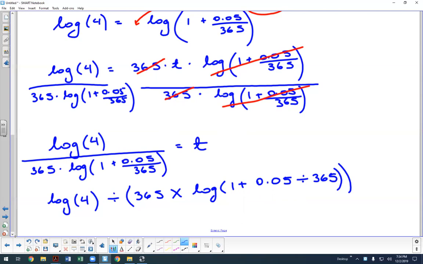So just do that parentheses part first, get that answer, then hit your log key. Whatever that answer comes out to be, multiplied by 365. If your calculator stores the last answer you calculated, then you should be able to do log of 4 divided by shift or the second key and then answer to get that whole denominator.